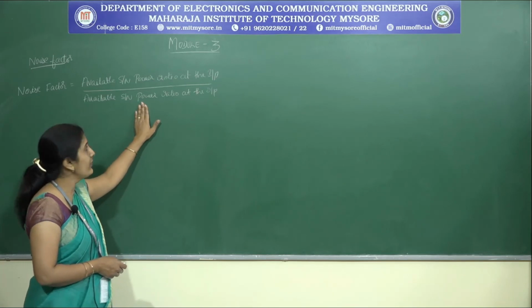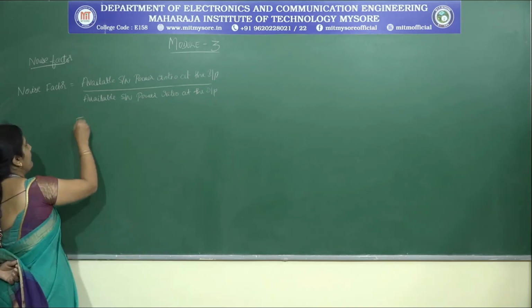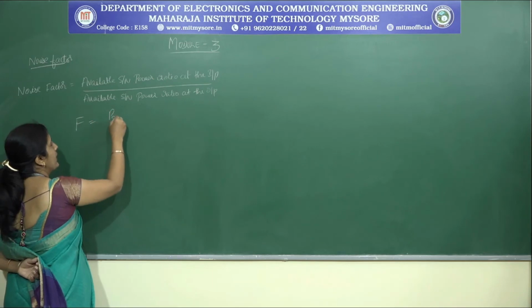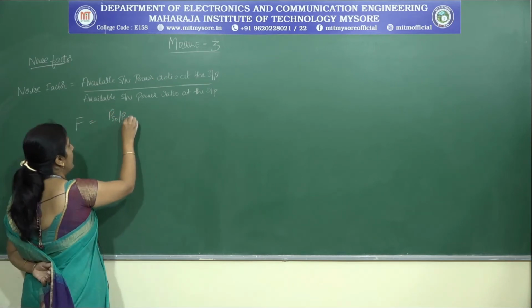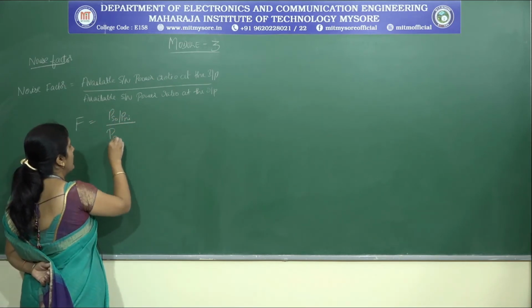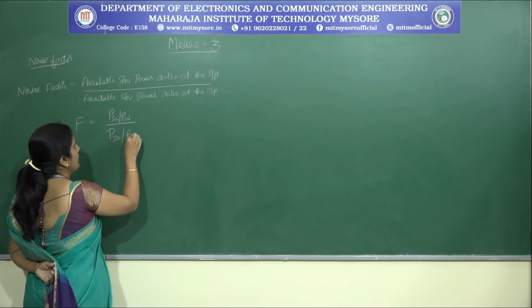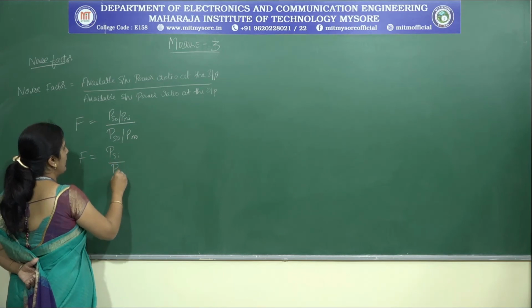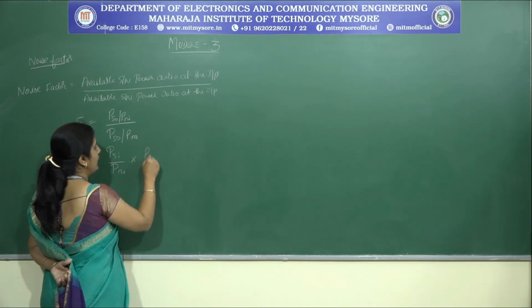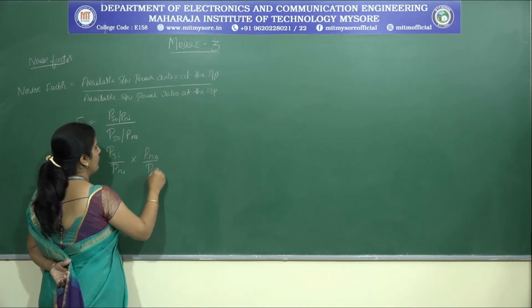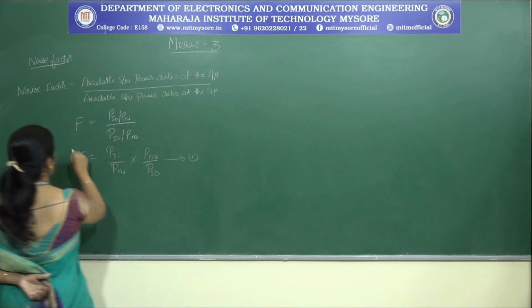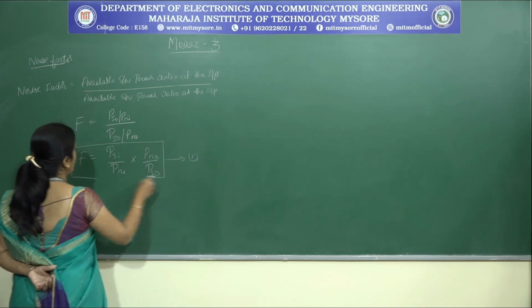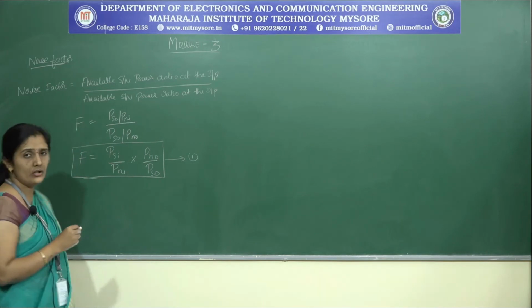So in the formula we can write like this: F is equal to PSi divided by PNi, divided by PSo divided by PNo. Let us consider this as equation number 1.